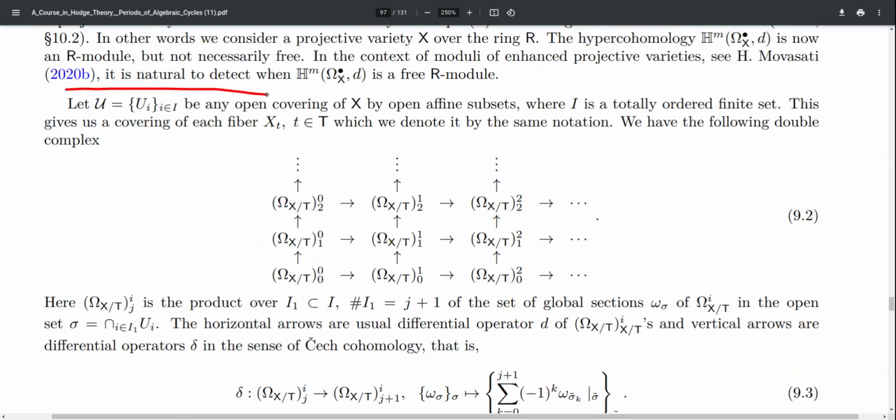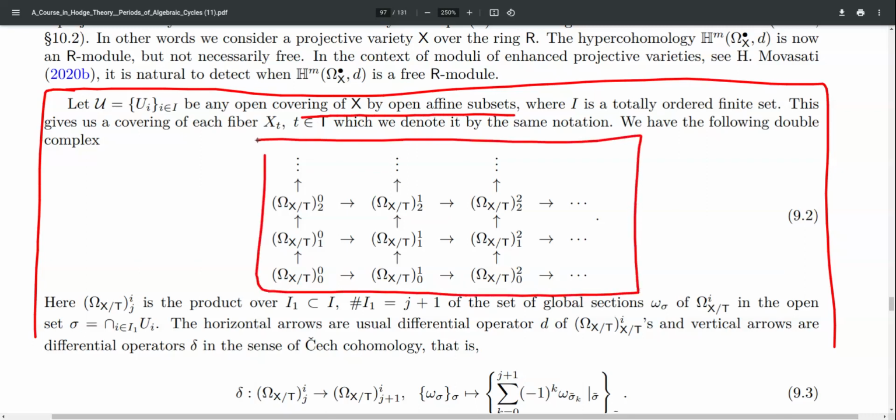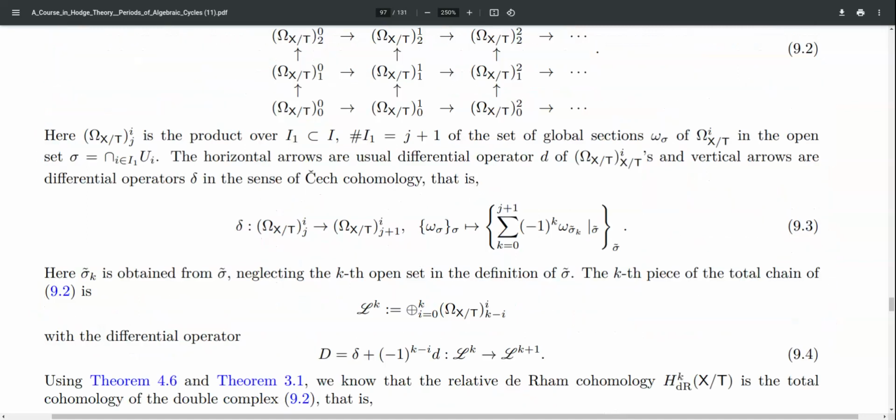Remember that for our computational purposes, we take a covering with affine open sets. This will be a good covering for us because we are using differential forms. And then we form this double complex. Going up is delta, going to the left is d, and then we define this capital D operator from L^k to L^(k+1).